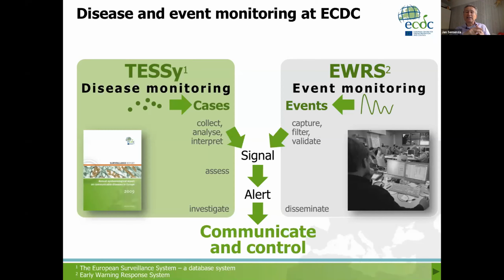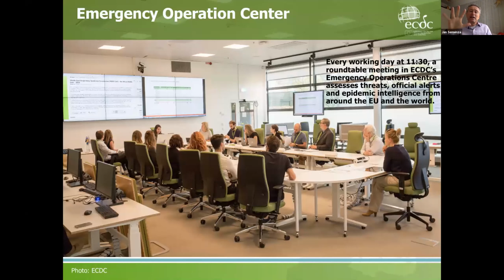And we decided that since we were interested in the underlying drivers in these potential scenarios, why don't we compare what we had found against this database of epidemic events? And so this is the team at ECDC that assesses these epidemic events on a daily basis in the Emergency Operations Center, illustrated here. We meet at 11:30 every day, and we discuss all these epidemic events that are going on, and we assess the threat to Europe.